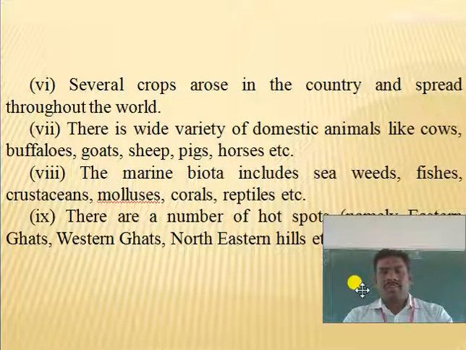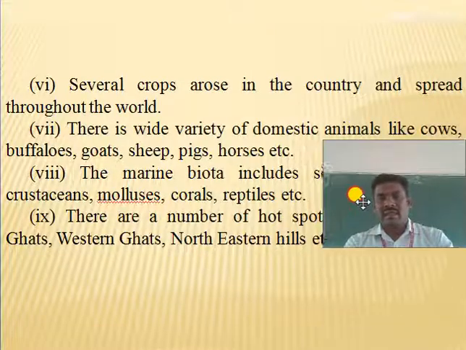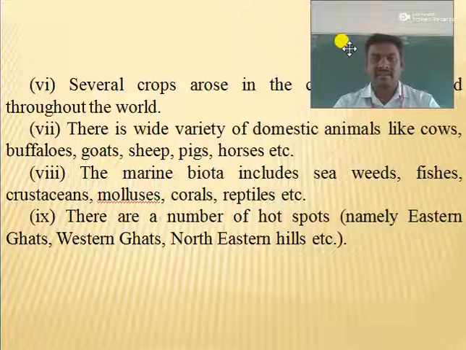There is a wide range of domestic animals like cows, bullocks, goats, sheep, pigs, horses, etc. The marine biota includes seaweeds, fishes, reptiles, etc. There are a number of hotspot regions, namely Eastern Ghats, Western Ghats, and Northeastern Hills region. These are hotspot regions.